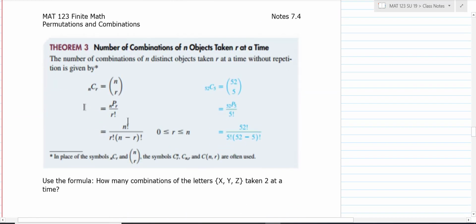Okay, so the formula is going to go like this. The one you're going to look at mostly is not this one so much as this one. So you do n factorial over r factorial times n minus r factorial. One thing I want to point out: this part I'm highlighting in green is the permutation formula, n factorial over n minus r factorial.